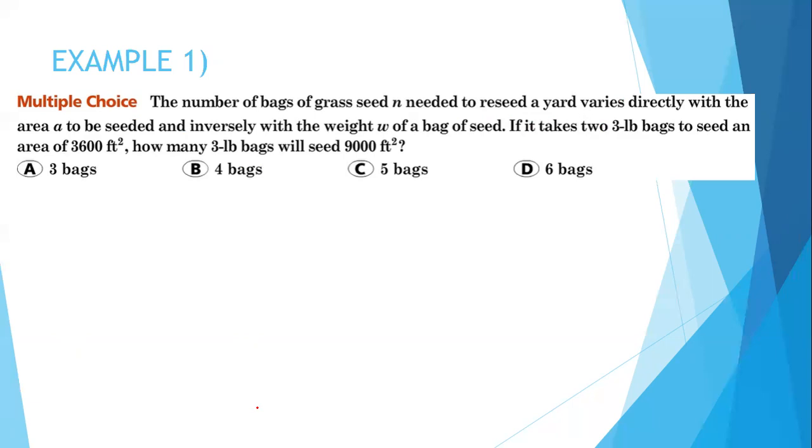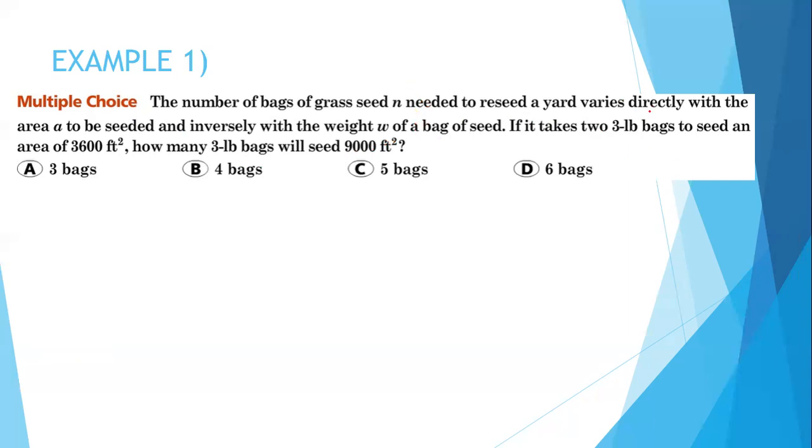The number of bags of grass seed N needed to reseed a yard varies directly with the area A to be seeded and inversely with the weight W of a bag of seed. If it takes 2 3-pound bags to seed an area of 3,600 square feet, how many 3-pound bags will seed 9,000 square feet?